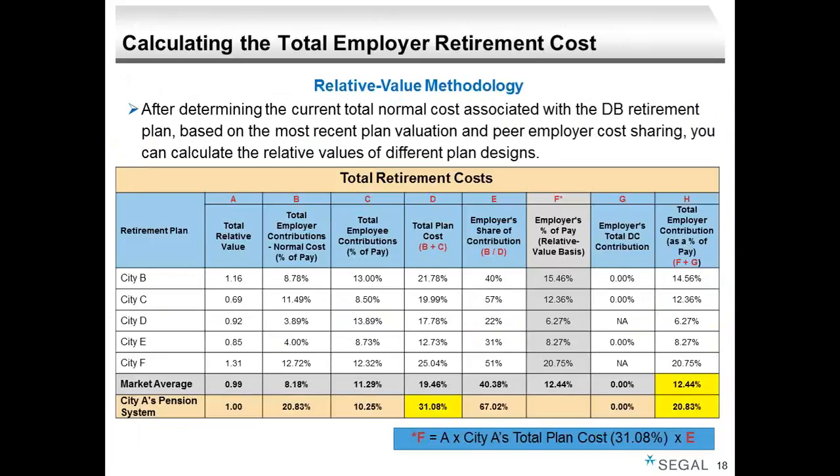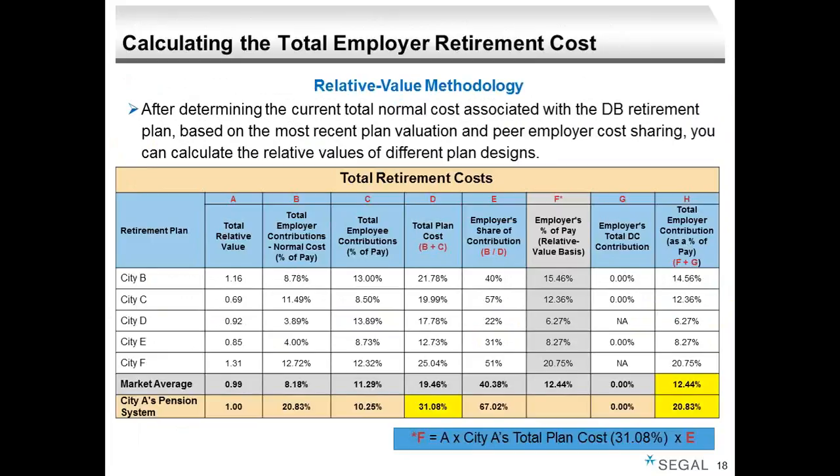So you'll see for City B, the employer picks up 40% of the cost, City C 57%, and so forth. And if you look at the market average row, and this is interesting, the market average overall, employers pick up 40.38% of the total cost, whereas in City A they pick up 67% of the total cost.